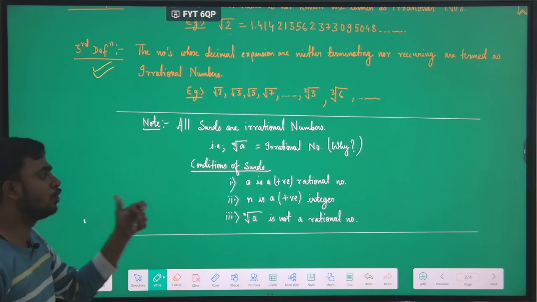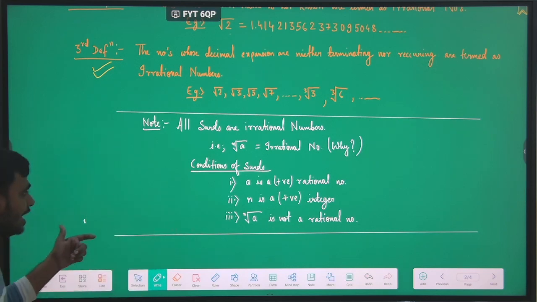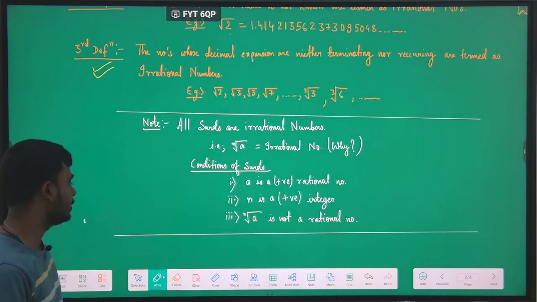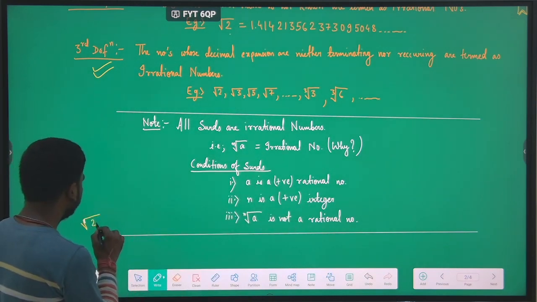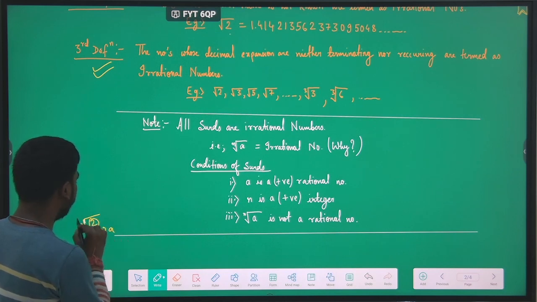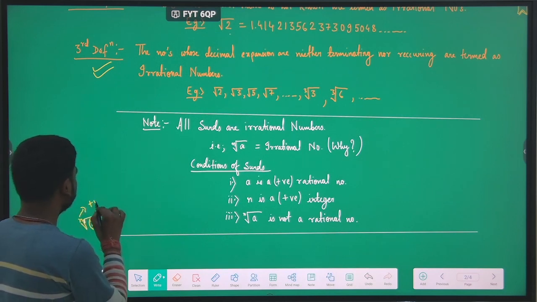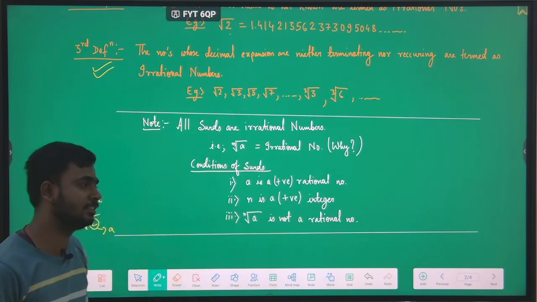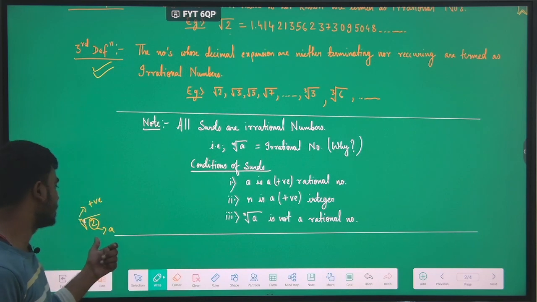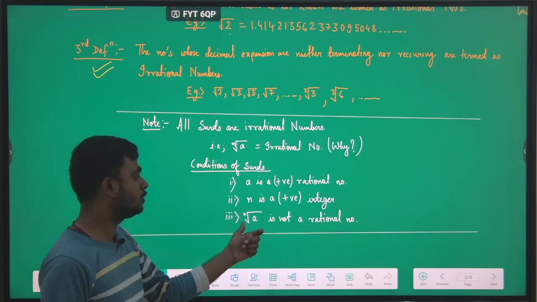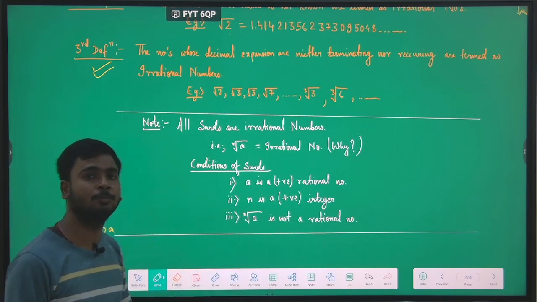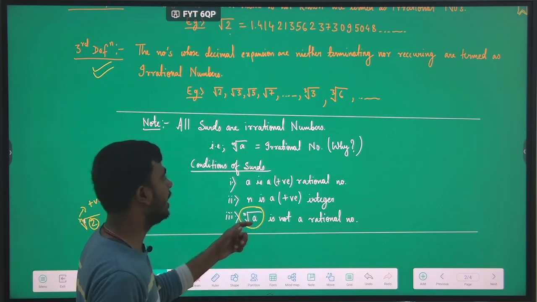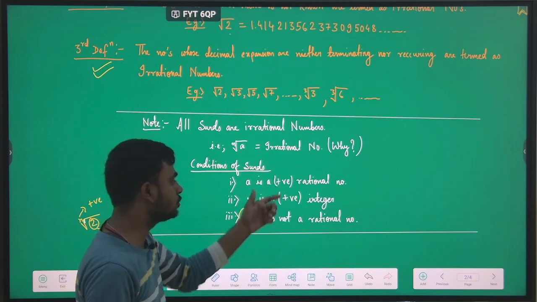Whenever this number is not a rational number, n is a positive integer, and a is a positive rational number. What is a here? This 2 is a. And this n is positive. So whenever n is a positive integer, a is a positive rational number and the nth root of a is not a rational number, then we say this surd is an irrational number, because it is not a rational number.